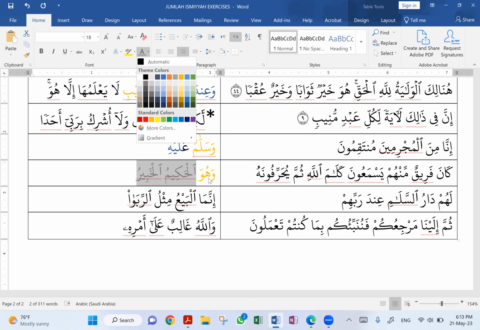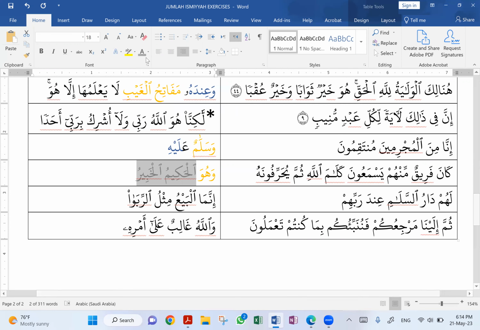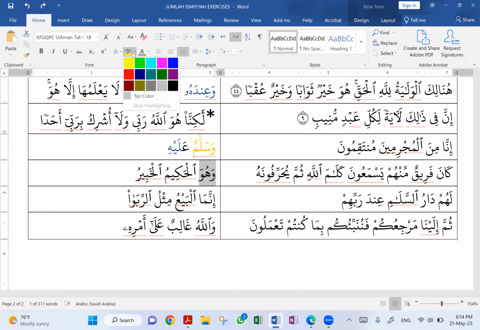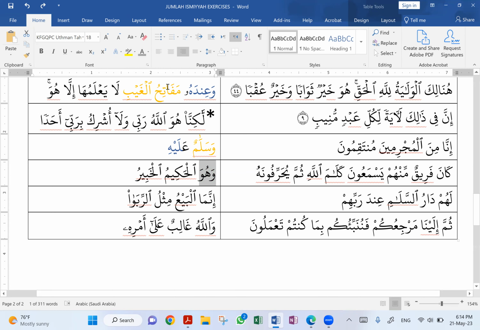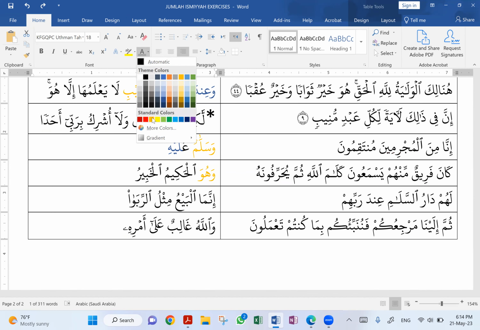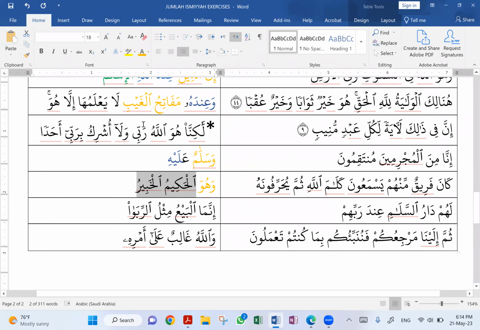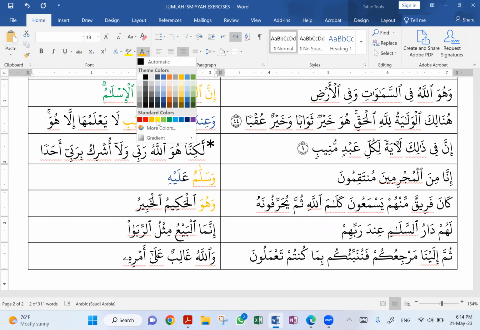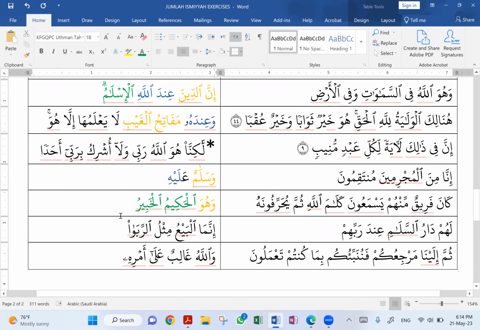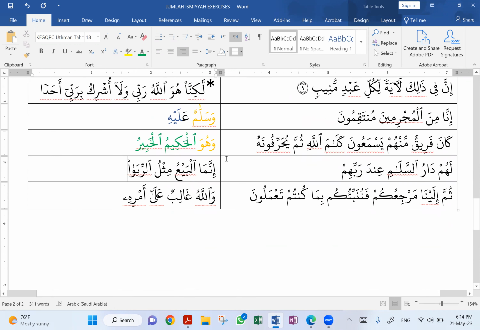But we are assuming we don't know if it's going back to Allah. Or we know it's going back to Allah, because this is the Quran and it's Al-Hakim, Al-Khabir. These are the names of Allah. Yes. So maybe we can just, based on the fact that we know, why is it behaving weird? Okay. So if that's the case, then we know this will be khabar 1, khabar 2. And khabar, we were doing khabar which color? I think green. Green. So we'll just stick to it like that.